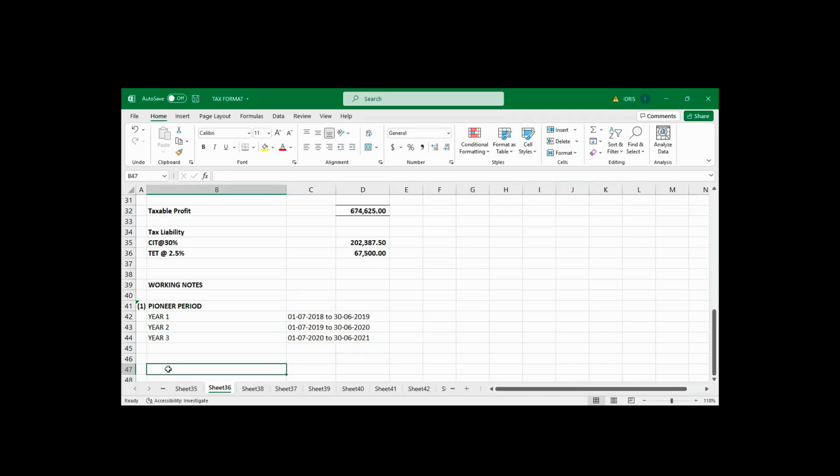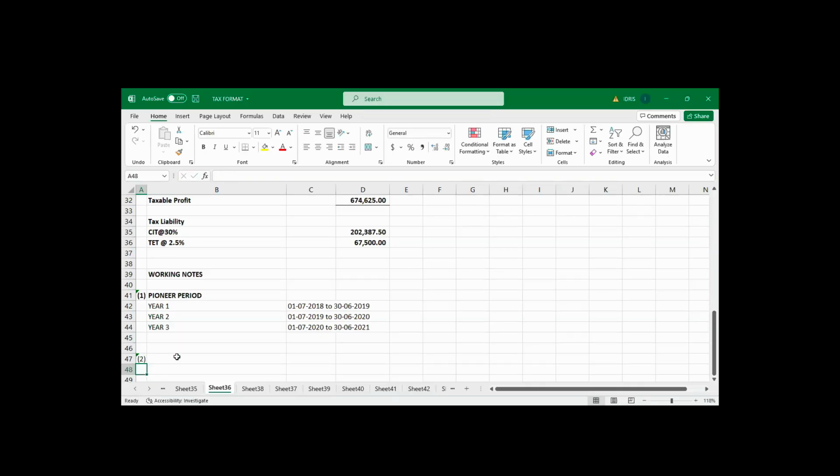Now, post-pioneer period. Notes 2. We want to get the post-pioneer period.